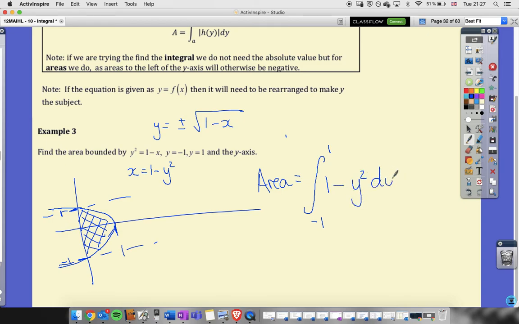And I'm integrating with respect to y. Notice my variables match up there. Okay, so let's integrate. We could get our calculator to do all this, but let's do one without for a change. I'd get y minus a third y cubed, just the same as normal. Increase the power by 1, divide by the new power, and of course we put our limits in.